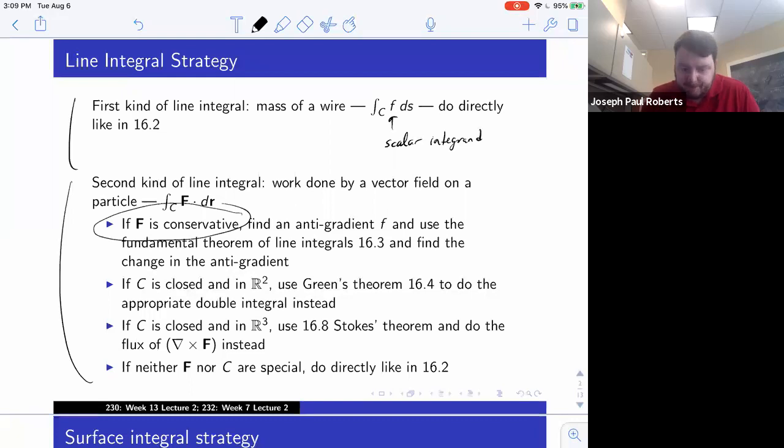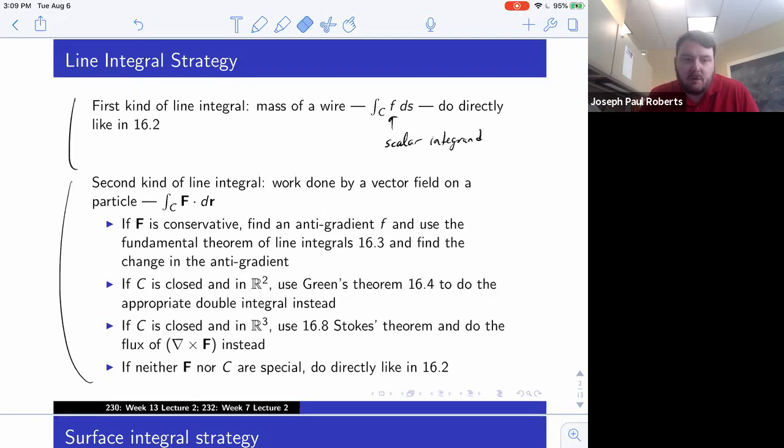Okay. And then the next thing we're on the lookout for, for F dot dr work integrals, is a special property of your curve. It turns out the special property of our curve that we're on the lookout for is whether it's closed. Closed, just remember, means it loops back on itself. It's just a fancy way of saying that the start and end points are the same.